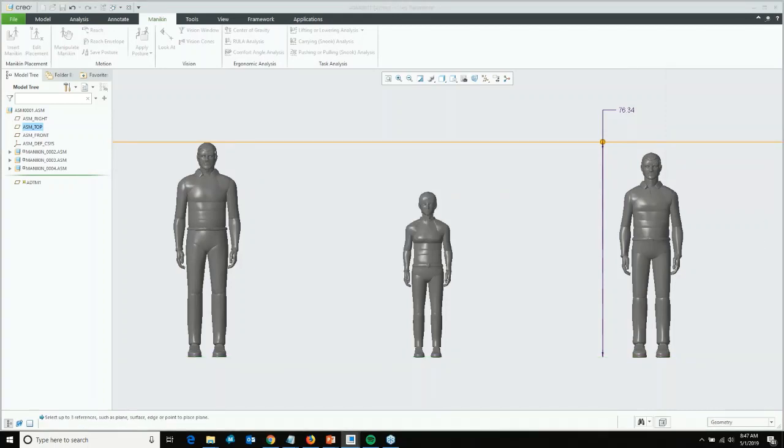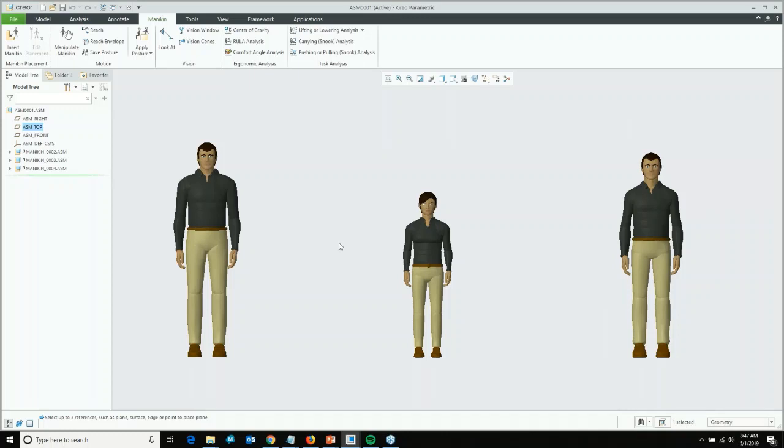If I create a datum plane just like this and put it at the height of the American, you could see there's still that gap, right? So when we're designing our products, we have to design for our target population. If my product is intended to be used internationally, then I have to accommodate all these different body sizes. If it's a bike, that would mean designing it to be adjustable enough that the smallest person generally from China, in the 5th percentile, could ride it, and a large American male could ride it as well.